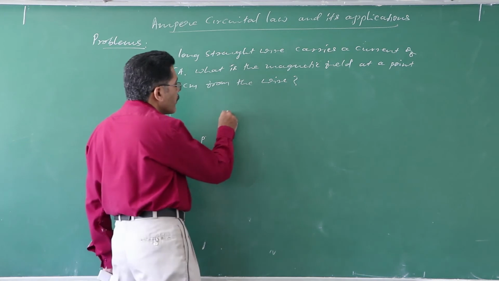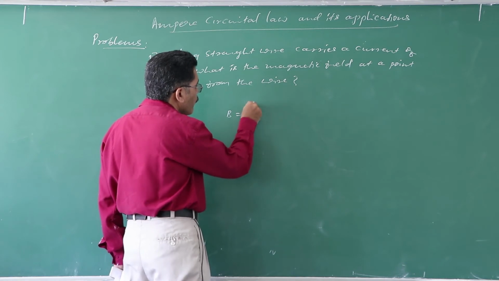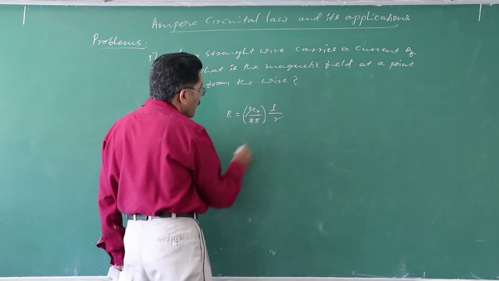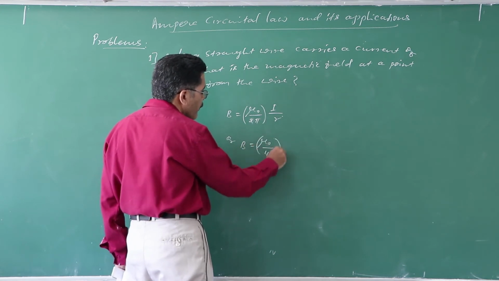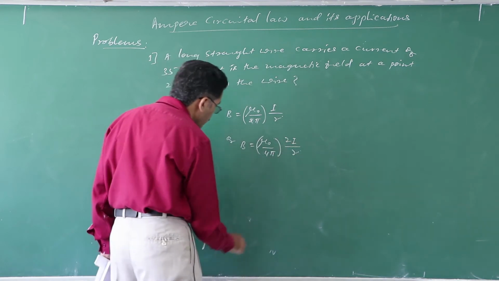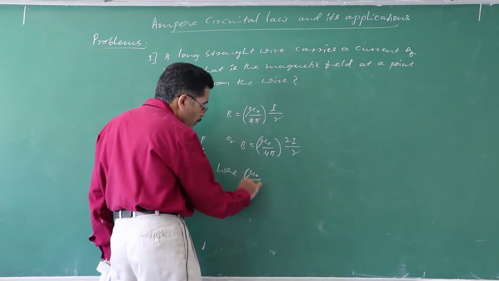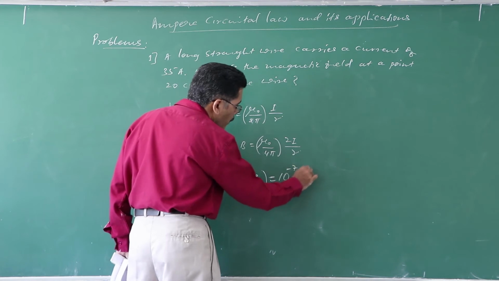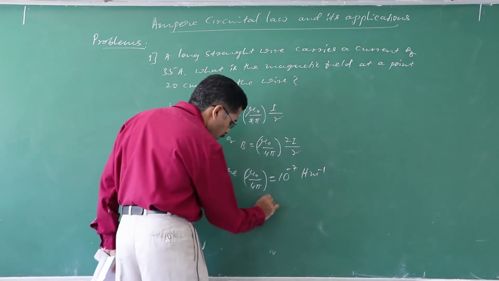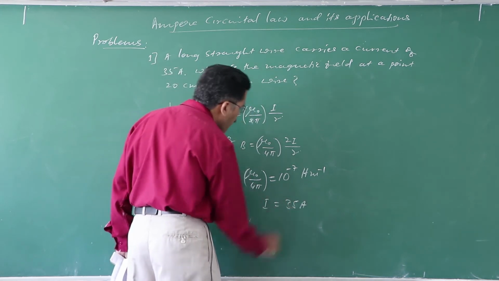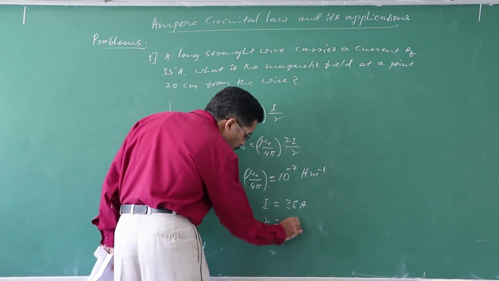You know that B is equal to mu naught by 2 pi into I by R. I can write it like this: B is equal to mu naught by 4 pi into 2I by R. Here mu naught by 4 pi is equal to 10 raised to minus 7 Henry per meter, I is equal to 35 ampere, and the distance R is 20 centimeter or 0.2 meter.